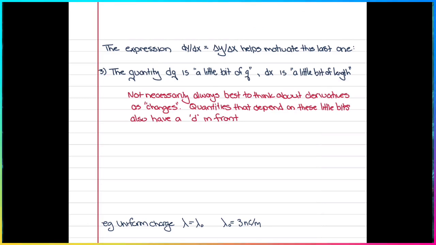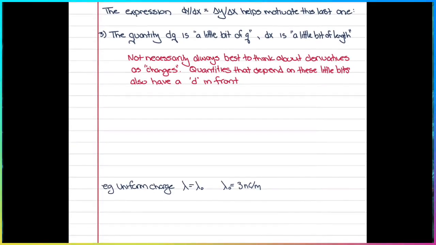If q is charge, then dq is an exceptionally tiny little bit of charge. You don't necessarily have to always think about these things as changes. We can think of them as tiny little bits of quantities. So a little bit of q, a little bit of length.